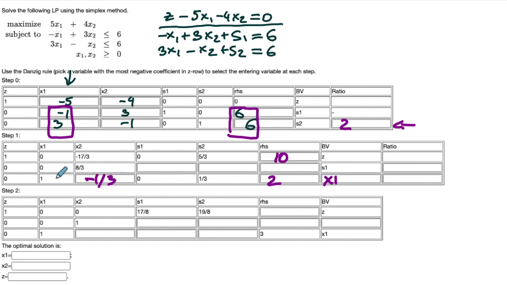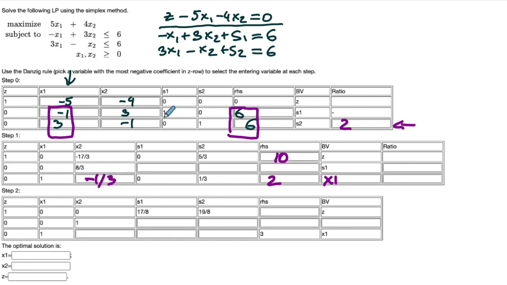Now for row 1, since the coefficient of x1 is negative 1 here, we just need to add the old row 1 to the new row 2, and we'll obtain the new row 1. Alright, so you have 1 plus negative 1 is 0, then 3 plus negative 1/3 is gonna be 8/3.